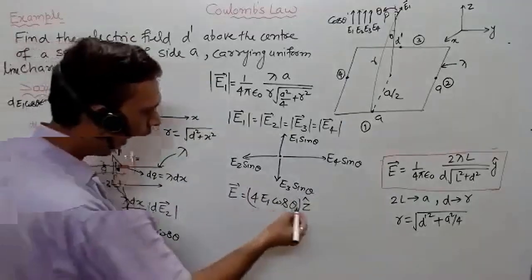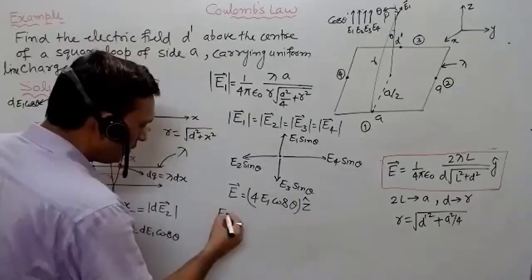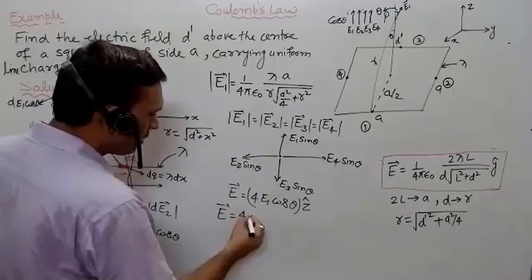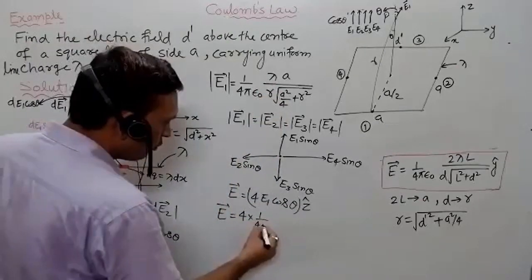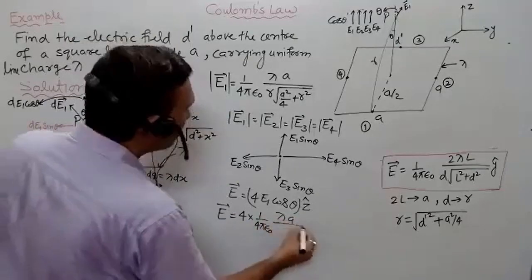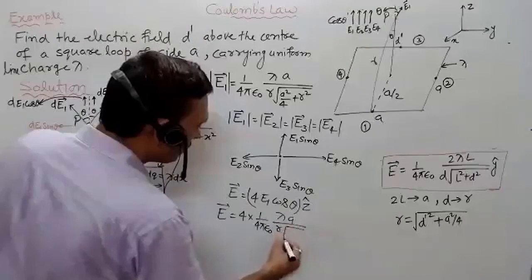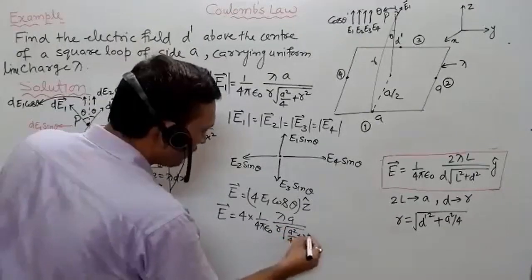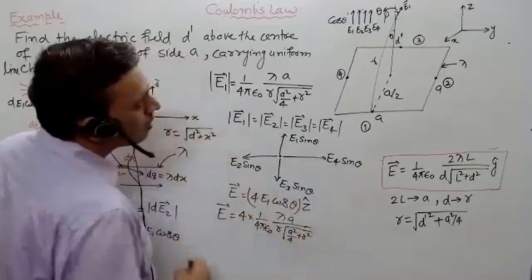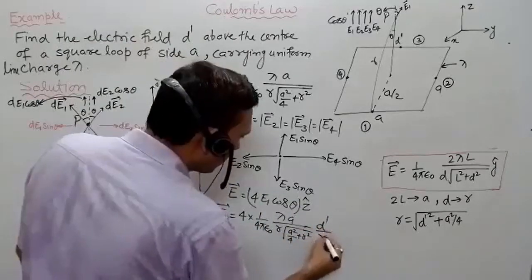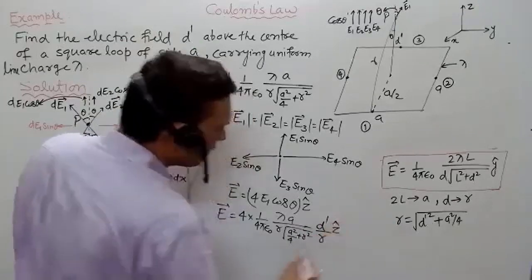So we can write E as 4 times E1, which is 1 by 4 pi epsilon naught lambda a by r, under root a square by 4 plus r square, and cos theta is d dash by small r. Direction is Z cap.